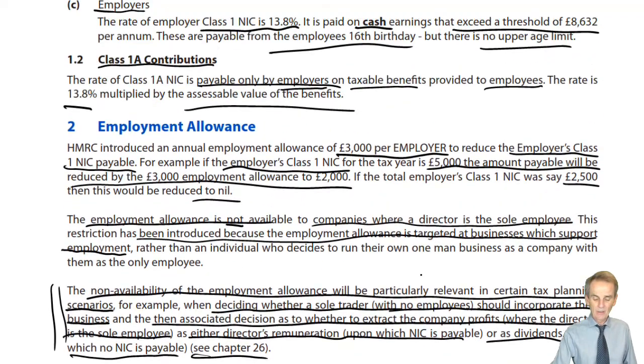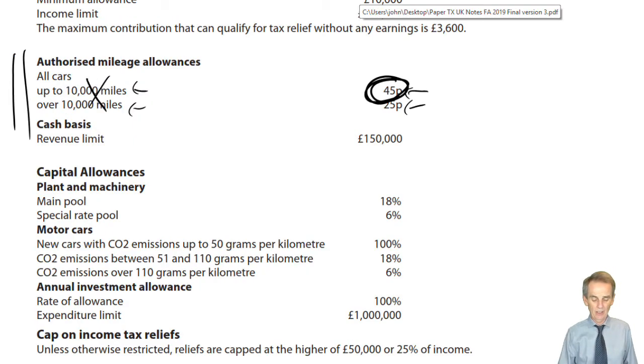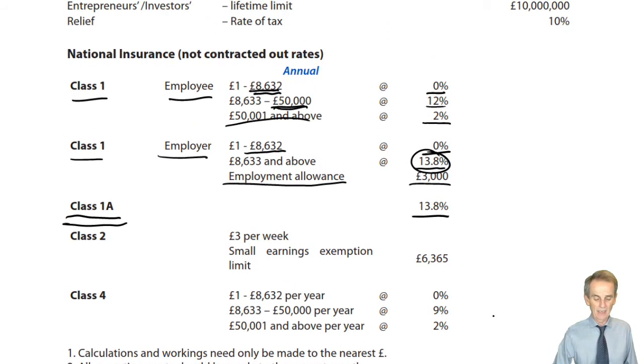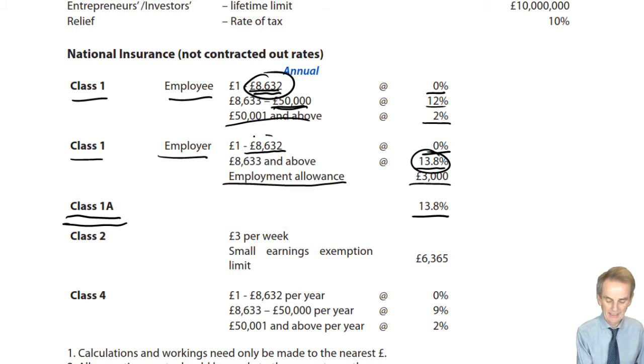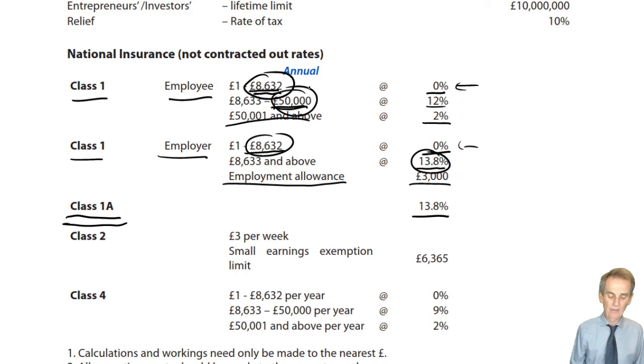Okay, so just to give a quick overview here, what you've got is a very simple basis of calculation. As we first introduced using our table as provided at the front of your notes here, as you get in the exam, you've got a lower limit for both employee and employer, below which you do not pay, 0%. For the employee, you have an upper limit of 50,000. Between lower and upper, there's your main rate, 12%.